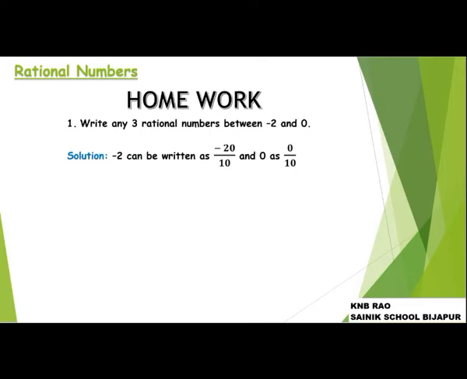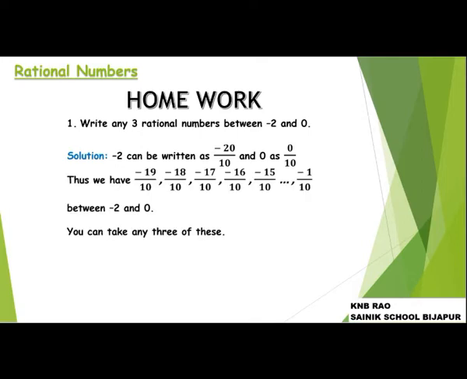Thus, if we write -2 as -20/10 and 0 as 0/10, we have so many rational numbers between them, such as -19/10, -18/10, -17/10, -16/10, -15/10, and so on up to -1/10 between these -2 and 0.